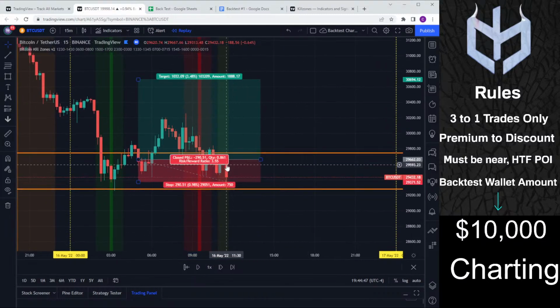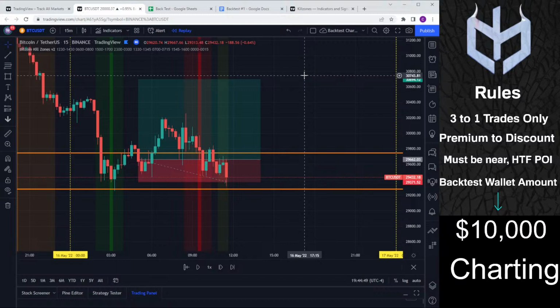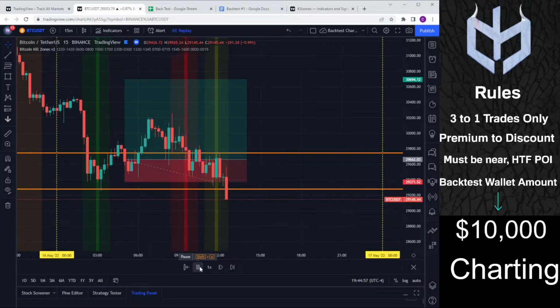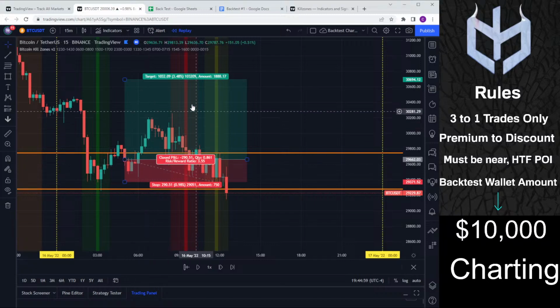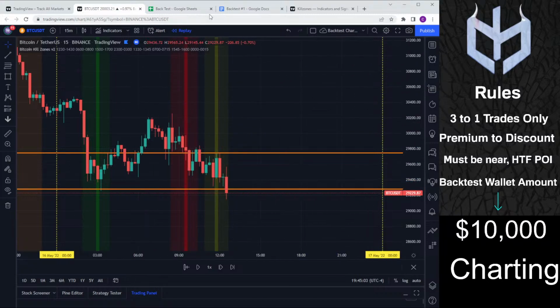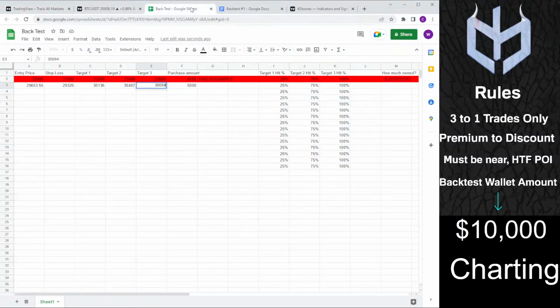Looks like we would've got stopped. Let's just see what happens with this trade. Breaks down even lower. Let me make note.